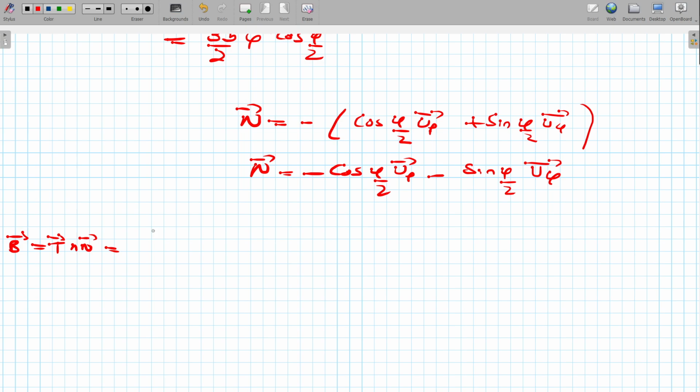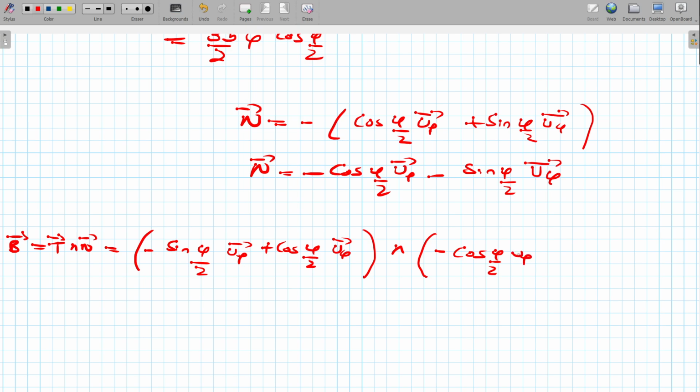Well, this is going to be equal to minus sine phi divided by 2 u rho, like so, and then plus cosine phi divided by 2 u phi, like so, and then vectorial minus cosine phi divided by 2 u rho minus sine phi divided by 2 u phi, like so. Okay, right, so this is what we have here.